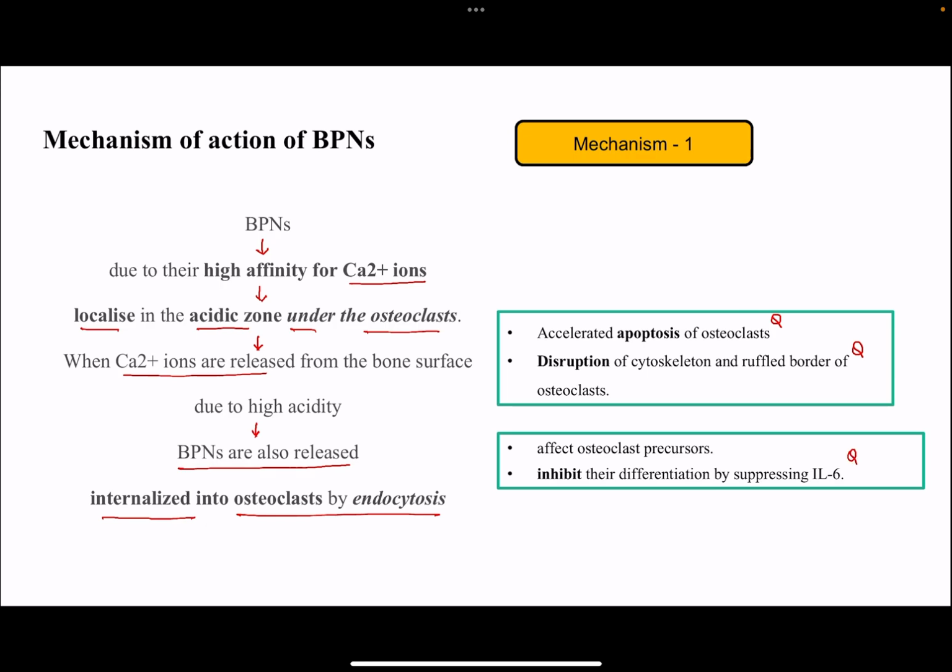So the important key point to remember is that bisphosphonates will be concentrated or bound to the mineral phase of the bone and under the osteoclast in the acidic zone. Whenever the calcium gets released, bisphosphonates will also be released and enter into the osteoclast, leading to apoptosis and cell death.